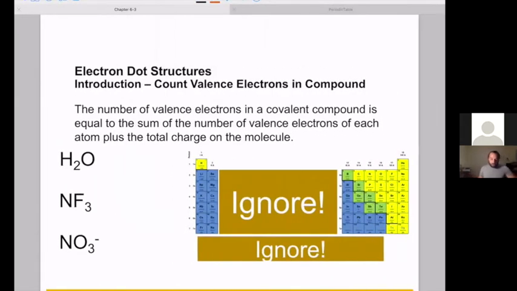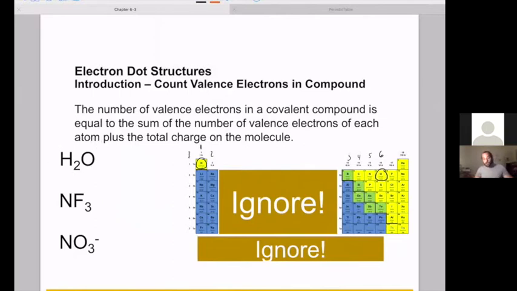So for example, when we're forming a water molecule, we have our hydrogen that has 1 valence electron. We have 2 of them. And an oxygen that has 6 valence electrons. Again, I just figured that out by counting 1, 2, skip 3, 4, 5, 6. And so we can calculate the total number of valence electrons just given this molecular formula here, right?